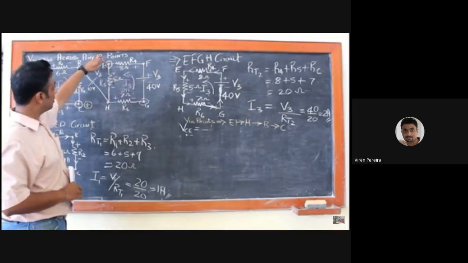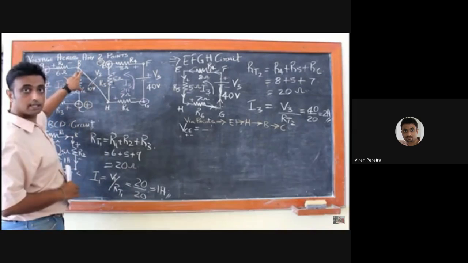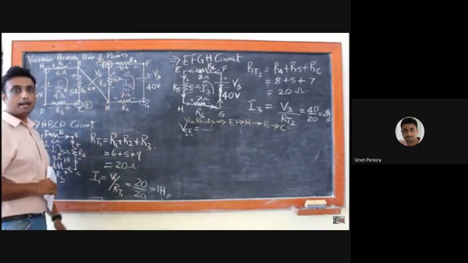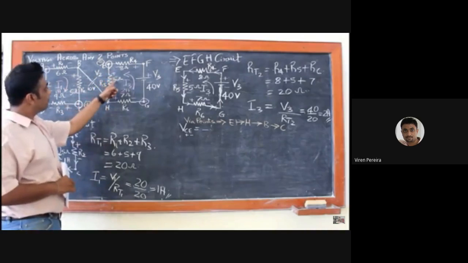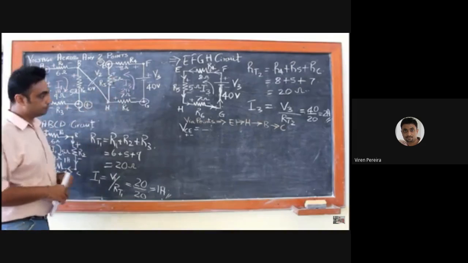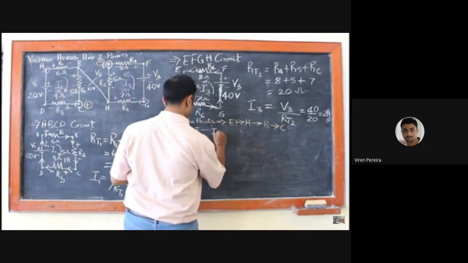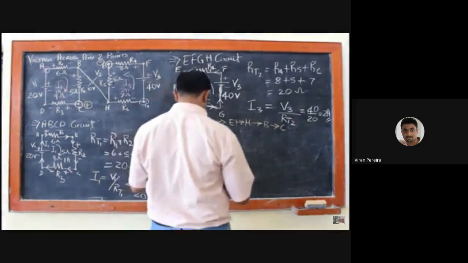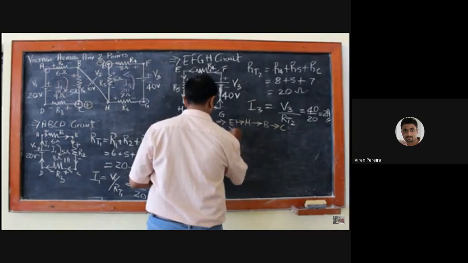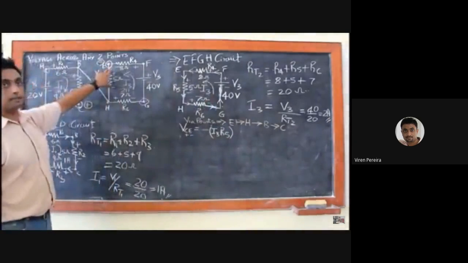I2. I have to find out the voltage across this. According to Ohm's law, we have V equals I into R. So it will be 5 ohms into I2. So I got my first voltage.